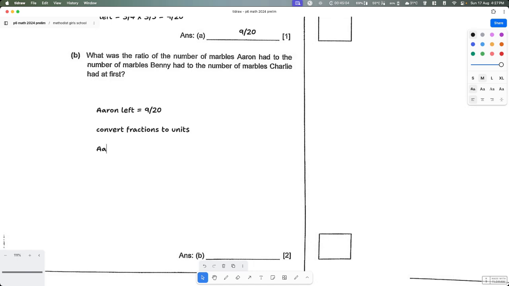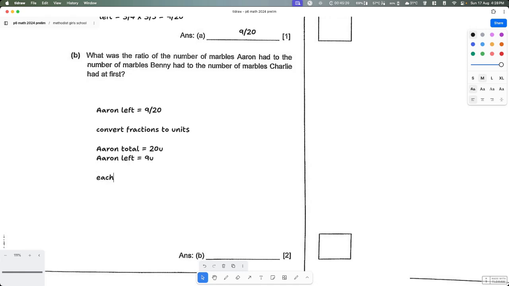So Aaron's total was 20 units, and Aaron left is 9 units.